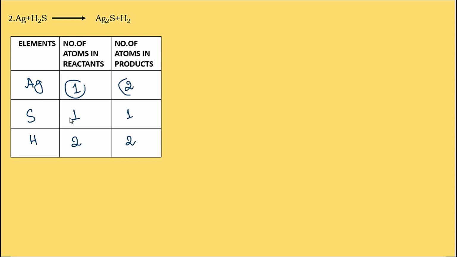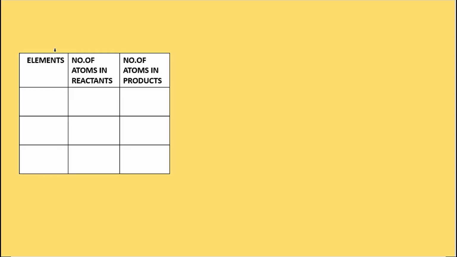So let's see again how to do it. We will write the updated equation. This is written as Ag plus H2S gives Ag2S plus H2. So this is the equation that we have before balancing.